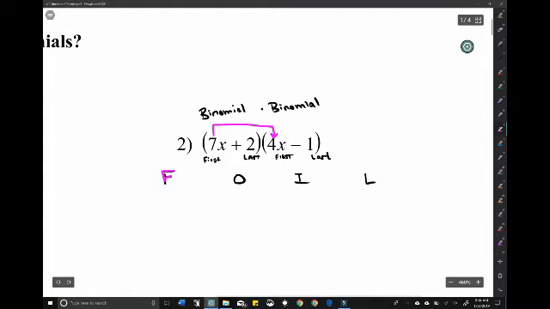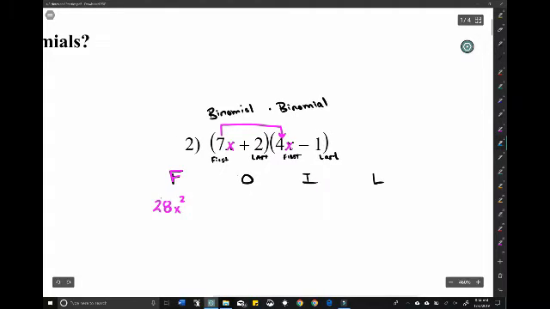Okay, 7x times 4x is 28x squared, don't forget the x's, x times x. Okay, you can use different colors here for each one. The outers, so the outside terms, are these two here, the outside of our binomials.